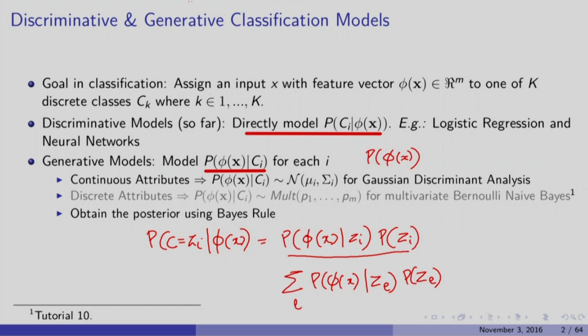So what generative models give you through the probability of phi x given Zi is how likely is point phi x given the class Ci.